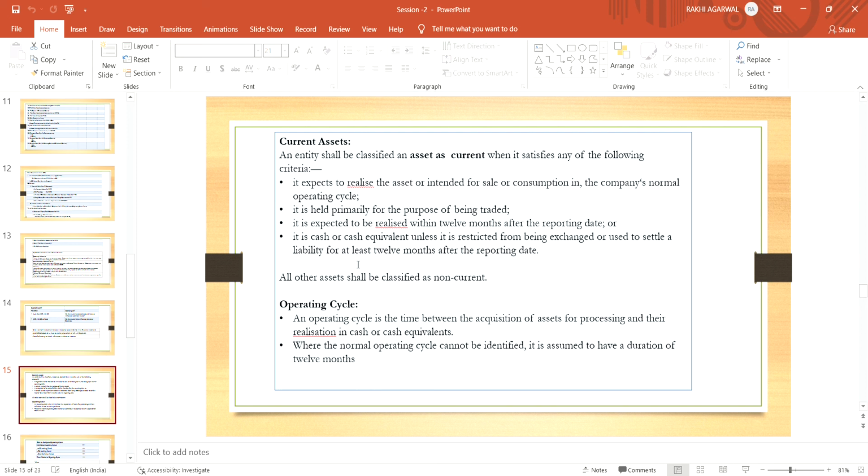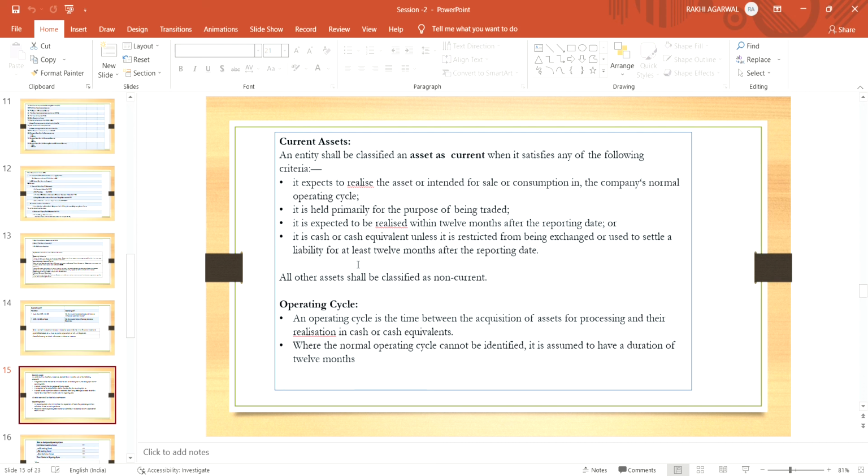Like if the entity expects to realize the asset or intends it for sale or consumption in the company's normal operating cycle. Normal operating cycle, what is normal operating cycle, we will discuss later. But if the company expects to realize the asset or intends it for sale or consumption in the company's normal operating cycle, then it is a current asset.